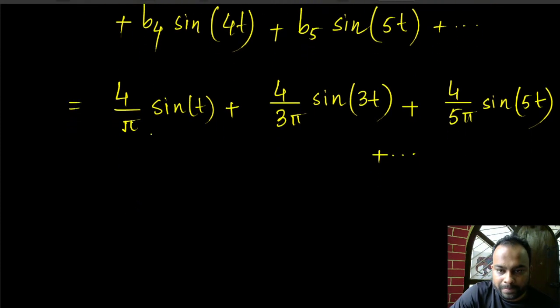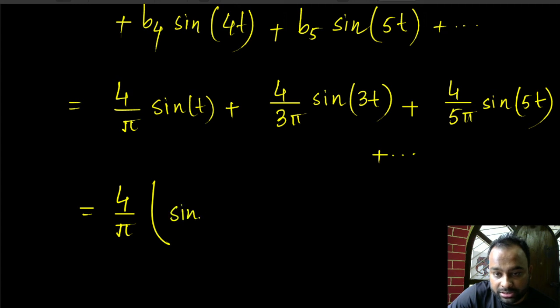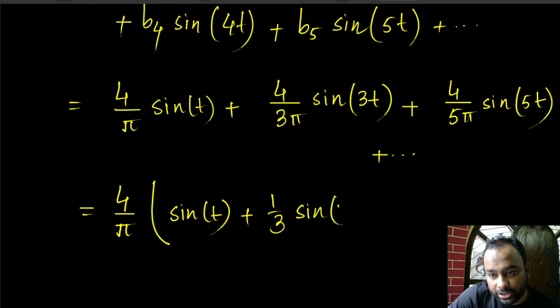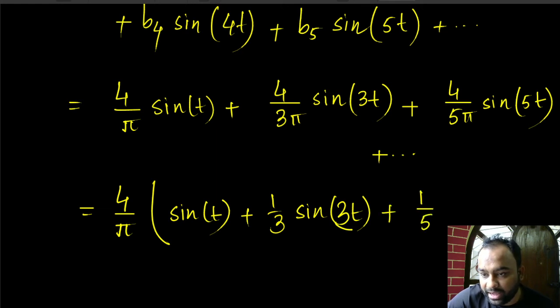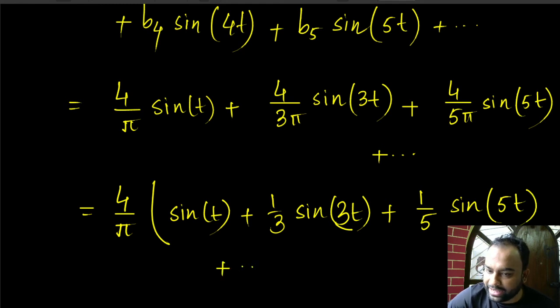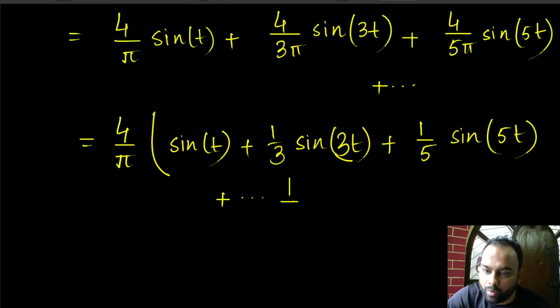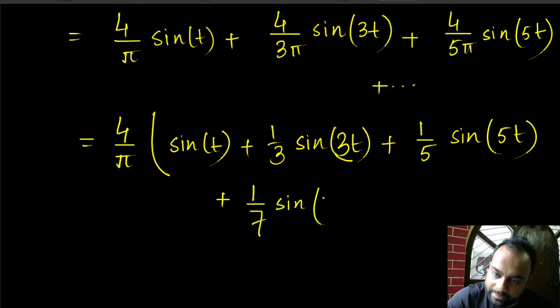So I can now happily take 4 by pi common outside, and I would have sin t plus 1 by 3 sin 3t plus 1 by 5 sin 5t, and I think you can guess the next would be 1 by 7 sin 7t, and so on.